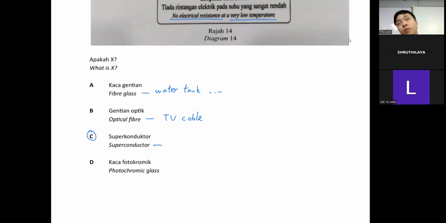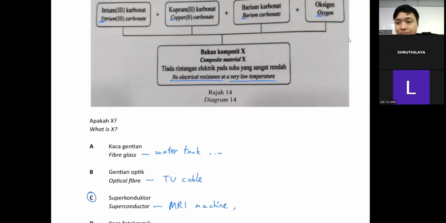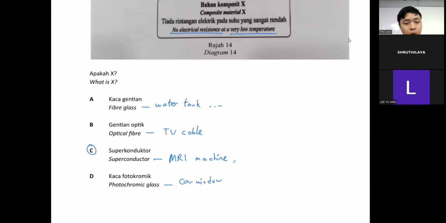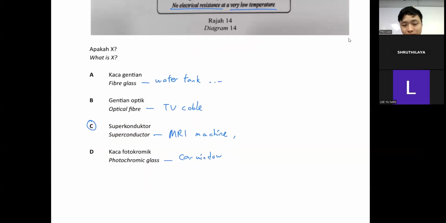Superconductor normally makes the MRI scanner, MRI machine, or the super magnet on the bullet train. For photochromic glass, just like I told you, the sunglasses, the car window glass, the camera lens. So go and look back the uses. Okay, 8.4 composite material.